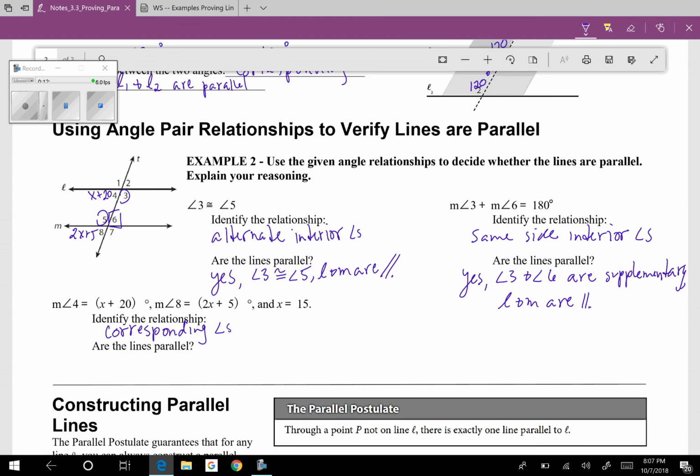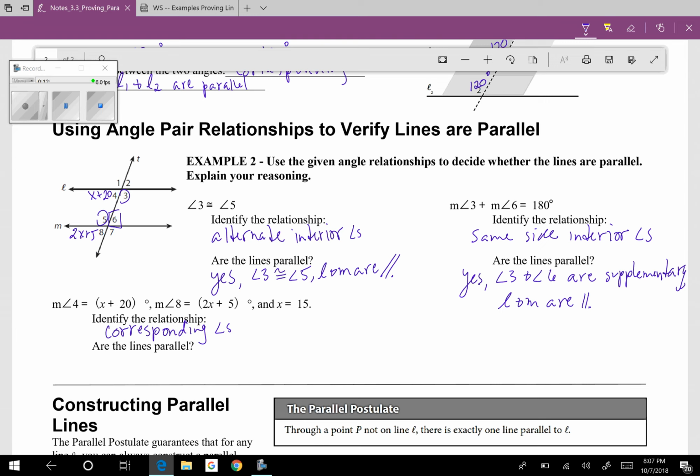And how are we going to do that? We only know that these two have expressions for their size. So what we got to do is plug in the x value that they gave us and actually figure out how big these angles are. So x plus 20, that's 15 plus 20. That's 35. That's angle 4.